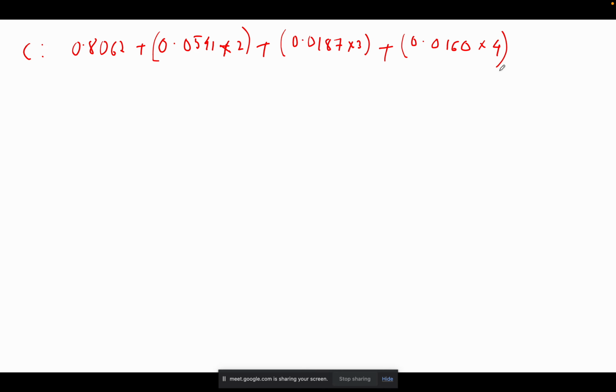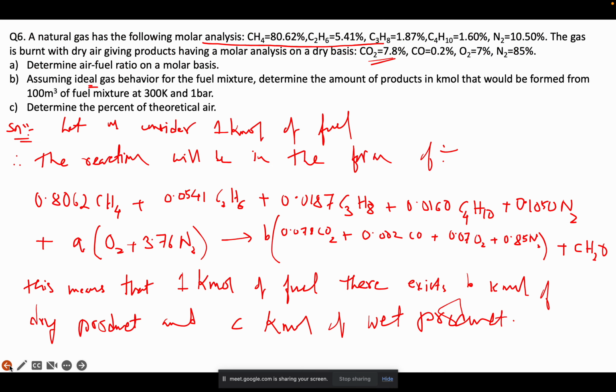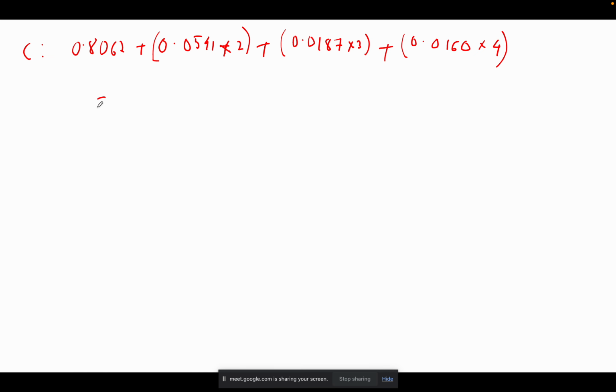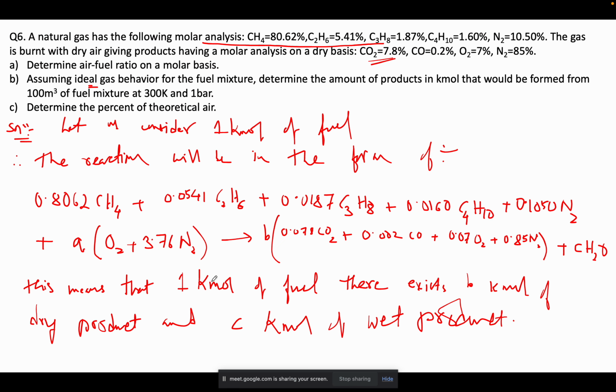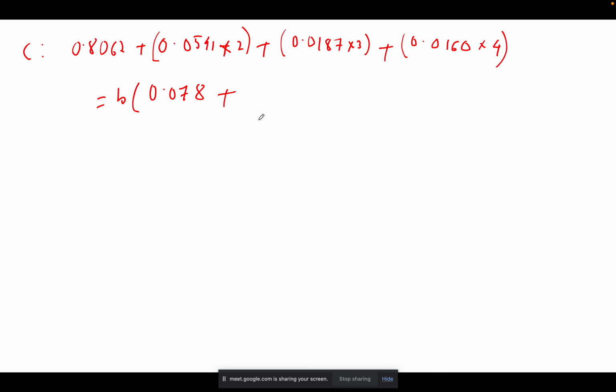And this will be equal to B into 0.078 plus, one more carbon is there, 0.002. Okay, so from here B is equal to 12.93.